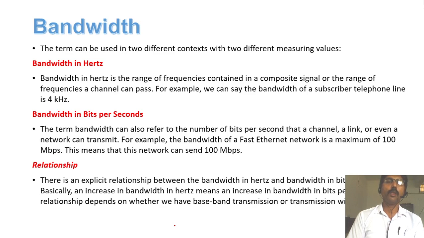That means 100 megabits can be sent in 1 second. There is a relationship between bandwidth in hertz and bandwidth in bits per second. As the bandwidth in hertz increases, the bandwidth in bits per second also increases.